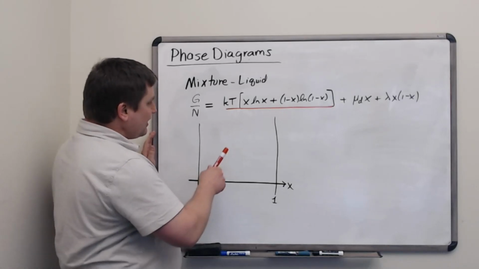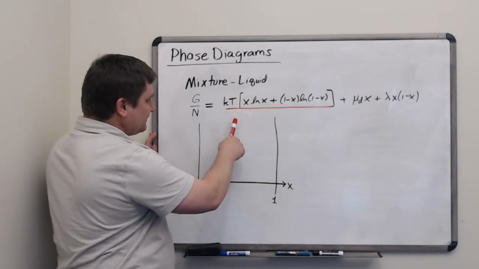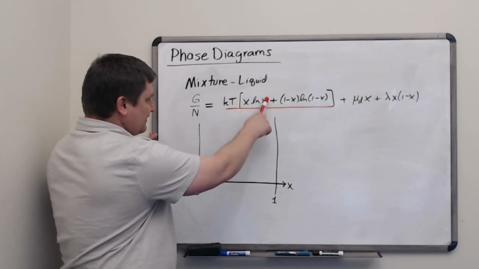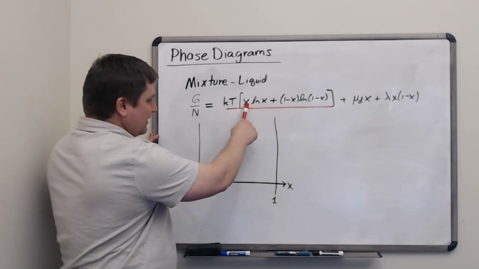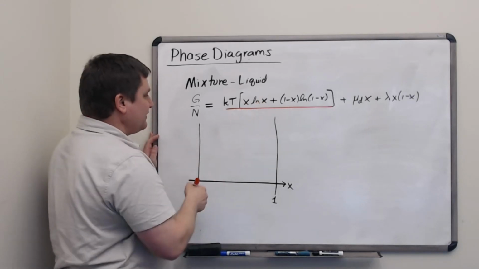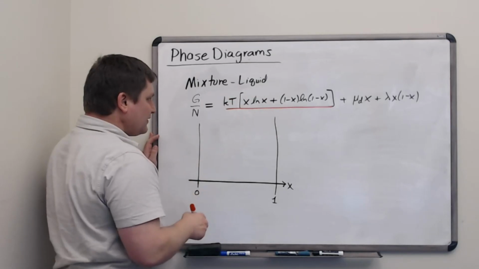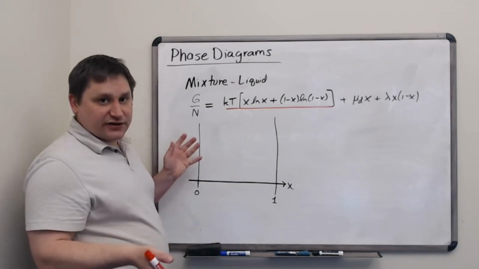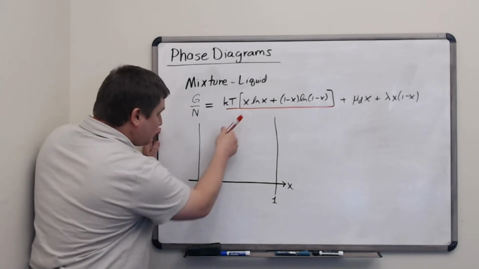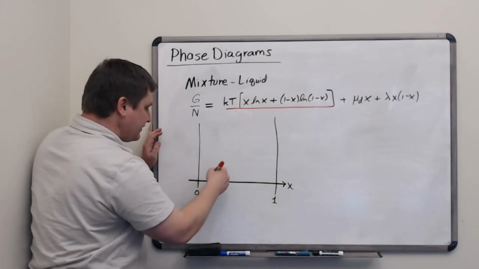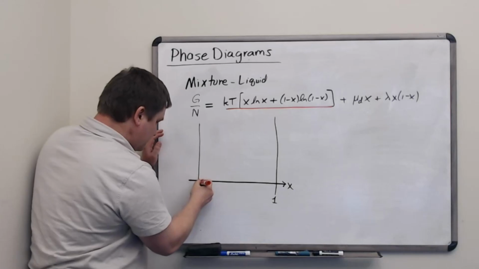And its slope at the origin, right? If you look at just this term, its slope at the origin would be logarithm of x plus 1, basically, if you take the derivative of this. So the logarithm of x at the origin is negative infinity. So this term here slopes down very drastically from 0.